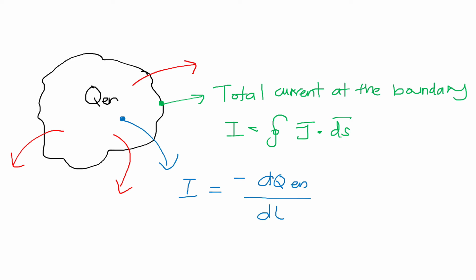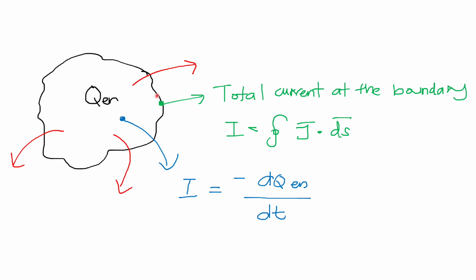So this is another equation that we can use to find the total current in this boundary. So I can say that this equation and this equation are the same. The difference is only where we observe the total current.